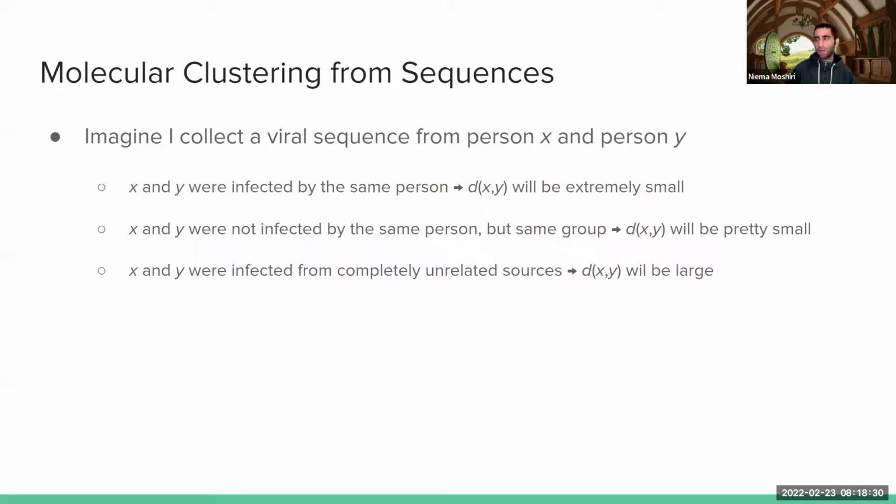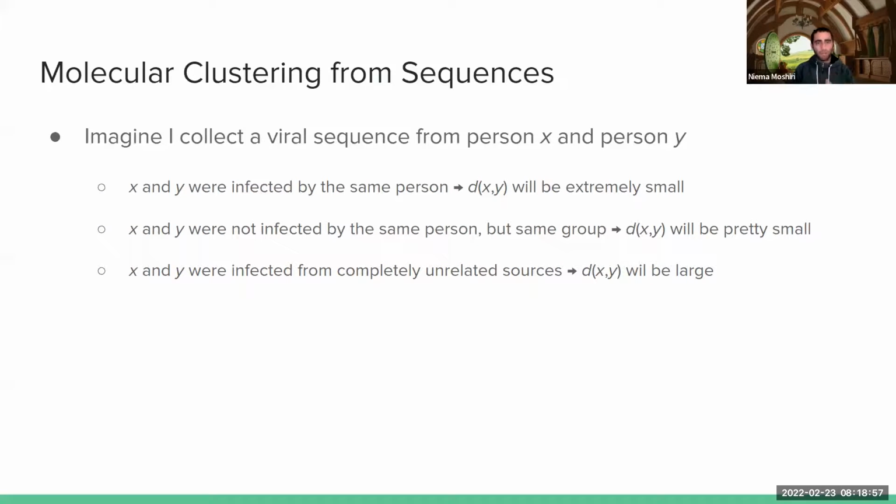And then the last scenario I want to go over is, what if X and Y were infected from completely unrelated sources? Let's imagine it's COVID-19, and I'm in San Diego, which has an international airport. Maybe one person traveled to country A and one person traveled to country B. Both of them got infected in their respective countries, then came back.